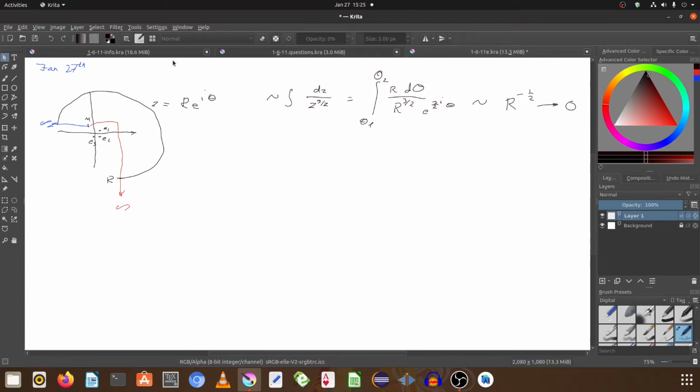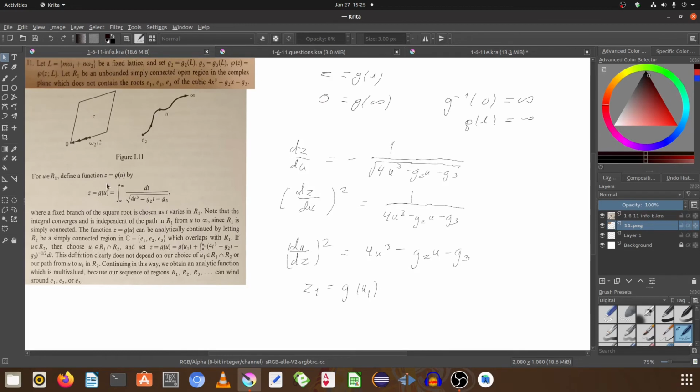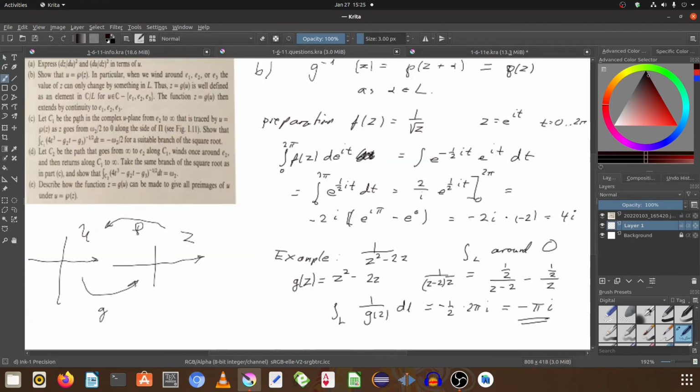So that means that the function we define here, g, is actually well defined. Now, we have to show that if we wind around E1, E2, and E3, we can only change the value by something in L.